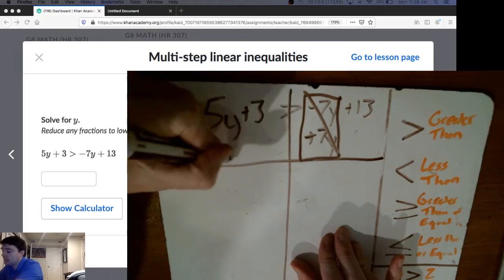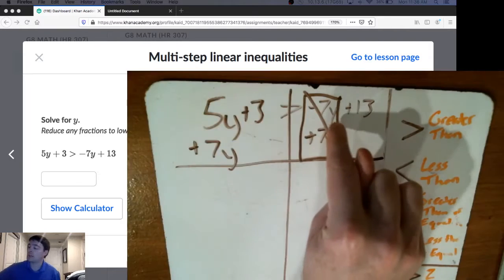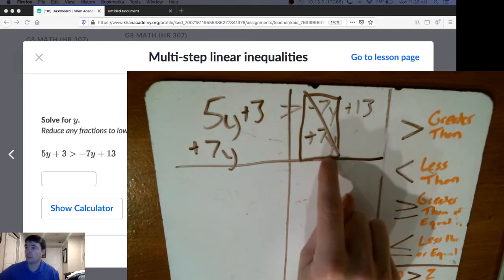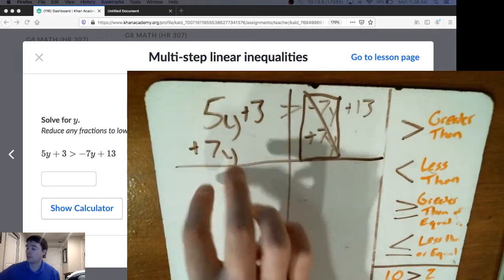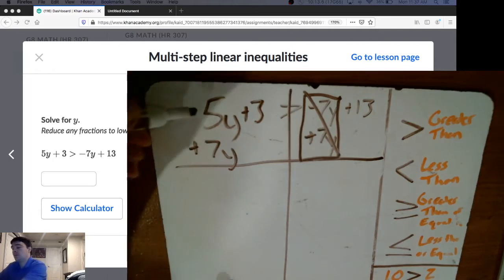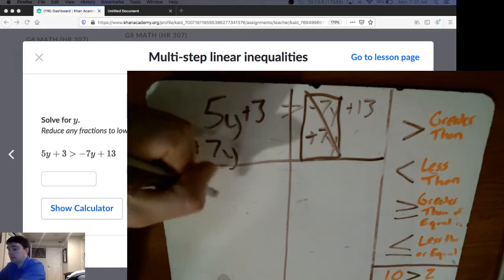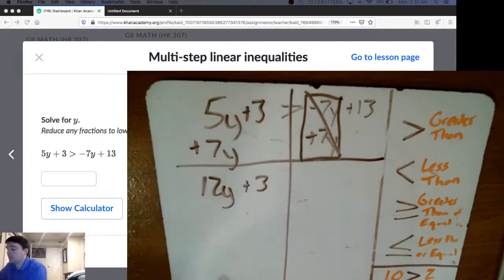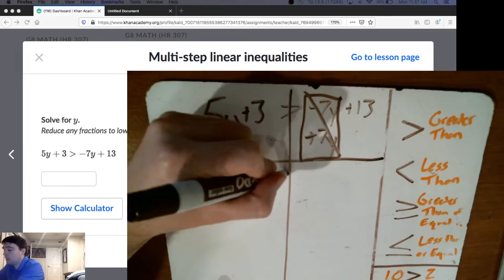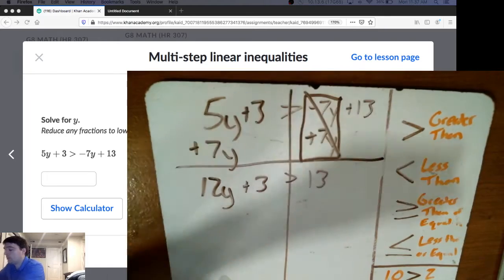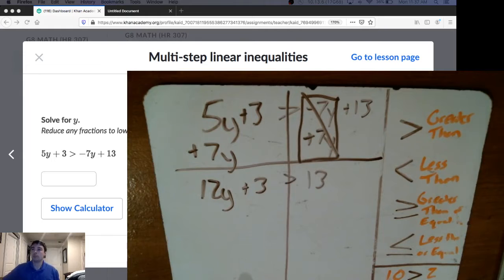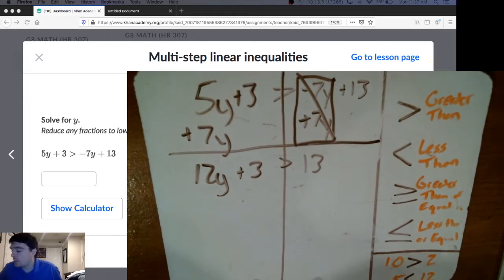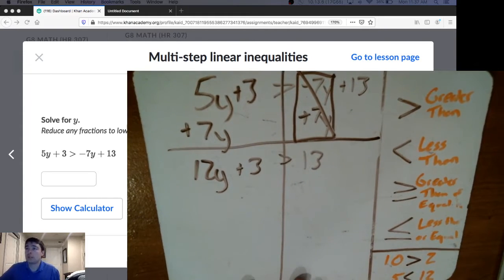So by adding 7y to both sides of the inequality, I cancel out the negative 7y on the right side, and all the y's are in the left expression now. 5y plus 7y gives us 12y. So we get 12y plus 3 needs to be greater than 13. Now this looks similar to the two-step inequalities we did on the last assignment.